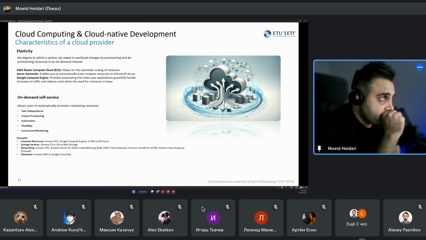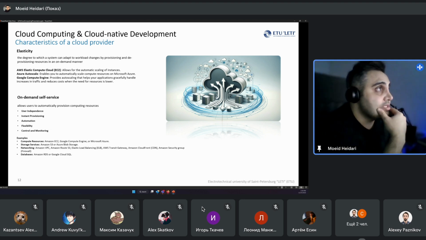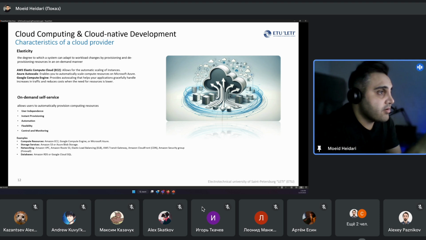So elasticity is the degree to which a system can adapt. It's a kind of measurement of scalability. The system can adapt to a workload change by provisioning and deprovisioning resources in an on-demand manner. It's exactly about the software level.